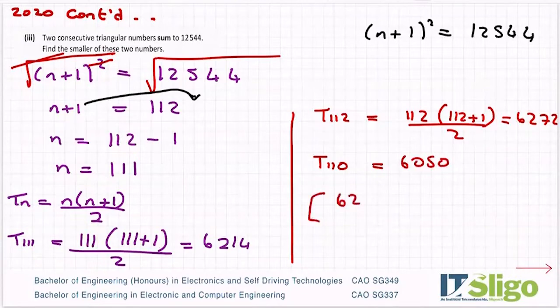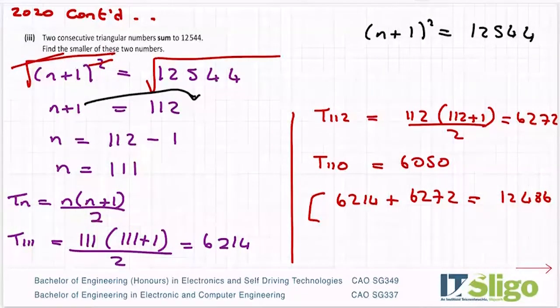Okay, so 6214 plus 6272. It's 12486. And that doesn't work, as I would expect. So I'm hoping now the other one works. Oh, that was 112.